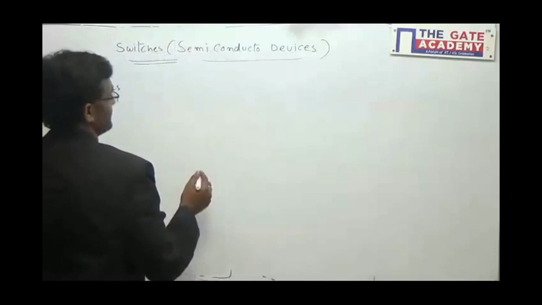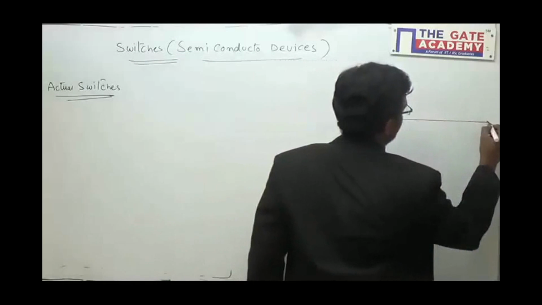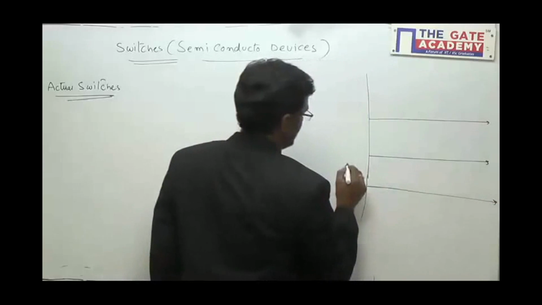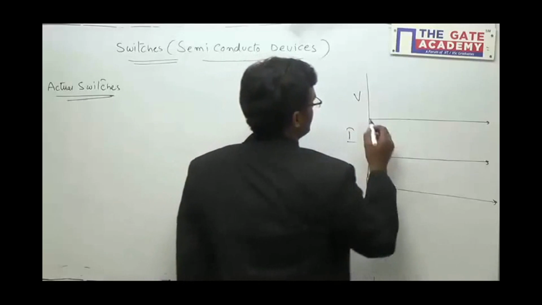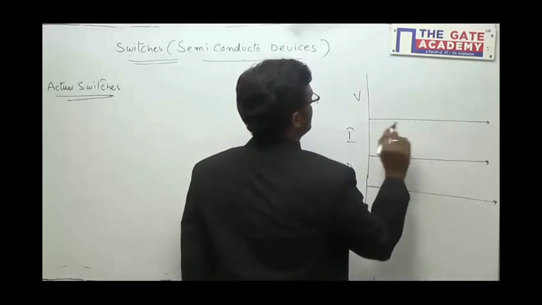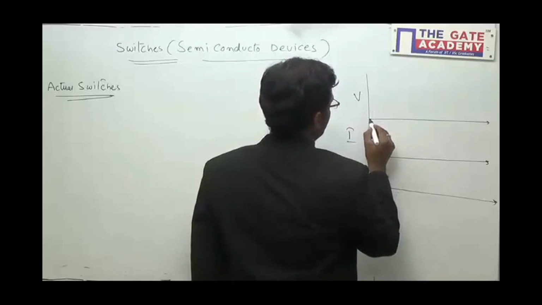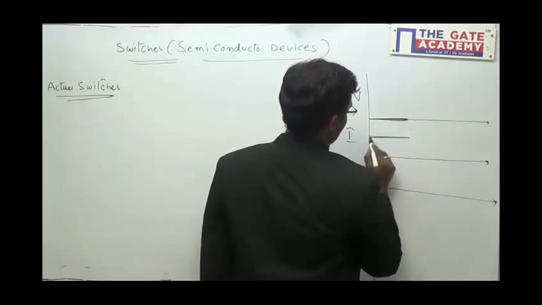Before going to the actual switches, I will just plot the input and output and the power loss, whatever I have written in this equation. This is the power dissipation. This is the current. Initially the switch is on. When the switch is on, the voltage is 0 and the current is some value.